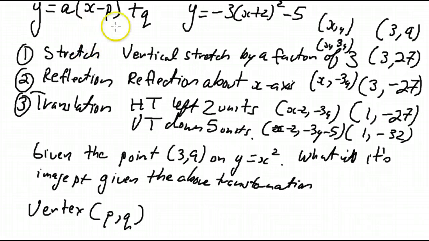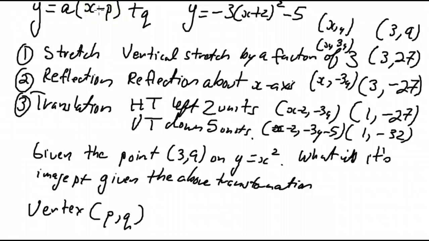Right, where p is the number that follows the minus sign, right? And again, think of the transformation. This is x plus 2. That goes left 2. So the p value here will be negative 2, right? I would have to write this as x minus negative 2. And the q value would be negative 5 in this particular instance here. And that would give us our vertex.